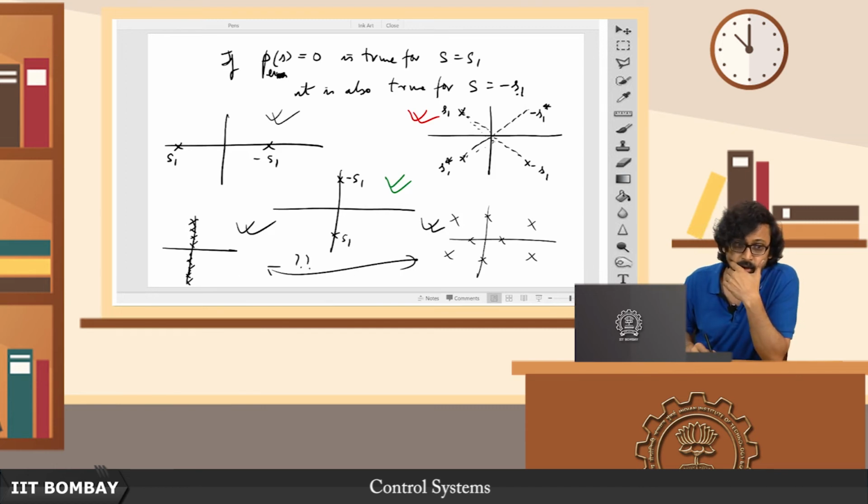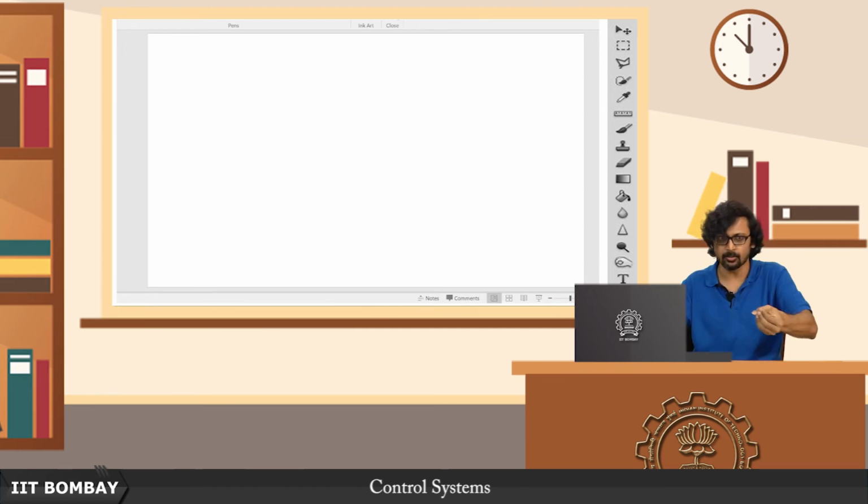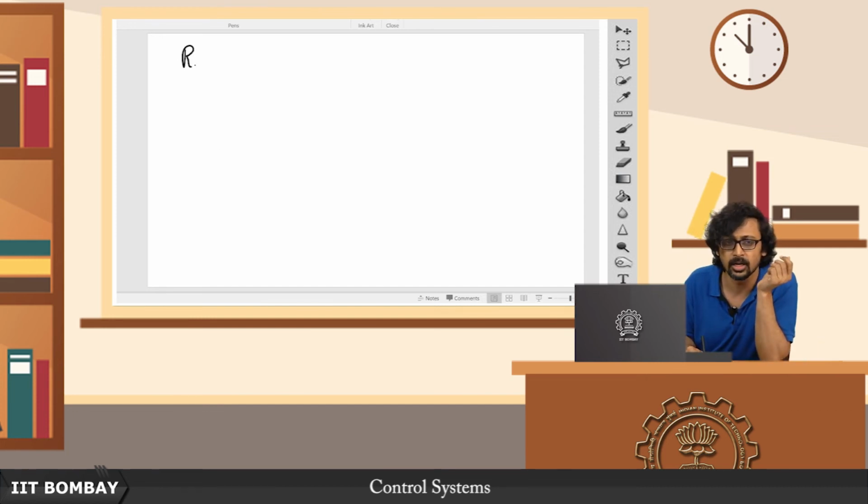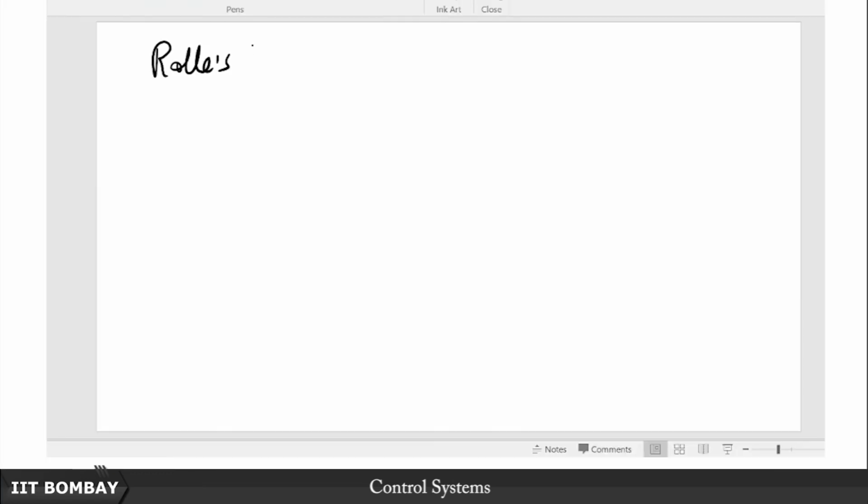Yeah. So in order to address this problem, here's the observation, and once again I'll give you a hint as to why this works. This is based on Rolle's theorem.